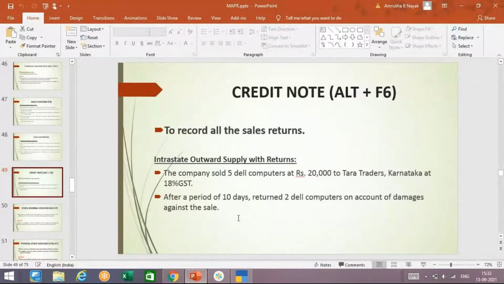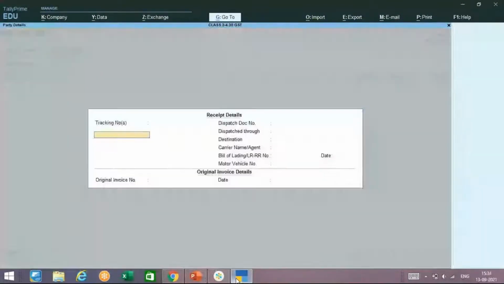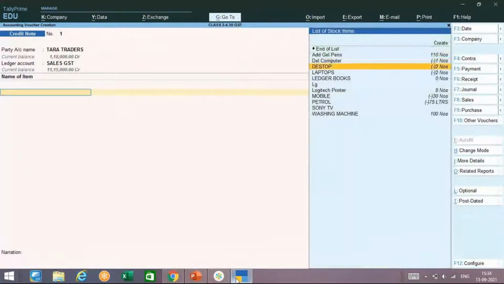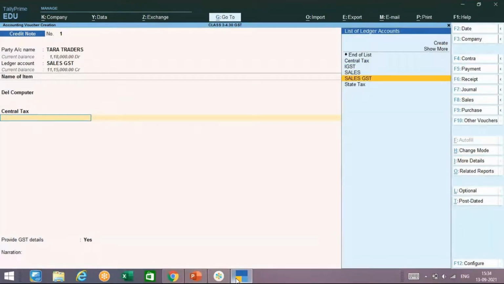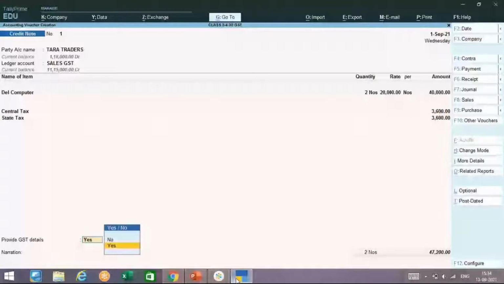After 10 days, return 2 Dell computers against that particular bill.